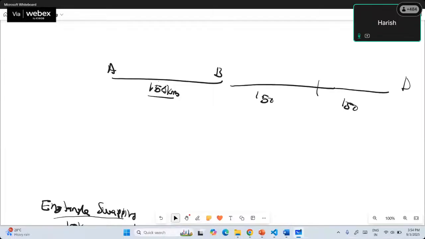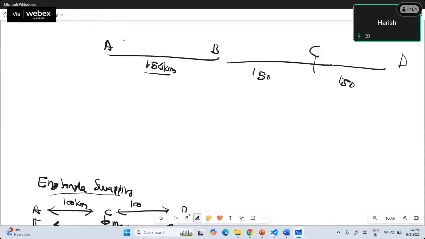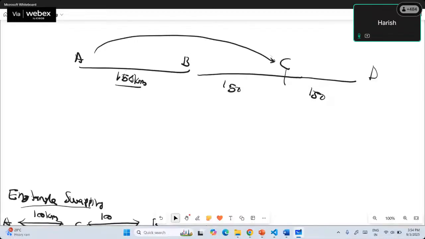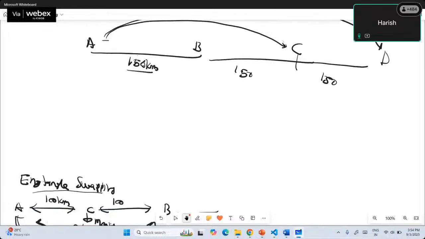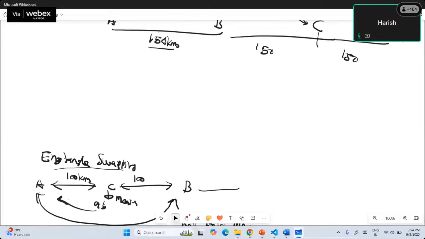So what we can do is, in between, if we can have this kind of entanglement swapping phenomenon, then with C we can create entanglement between A and C, and again with more pairs of entanglement swapping, we can create entanglement between A and D, and then we can increase the distance. So this entanglement swapping can be used as a quantum repeater as well.